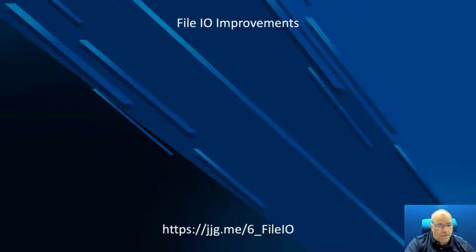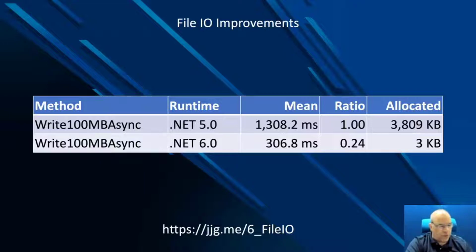We're going to talk about some of the file I/O differences. You'll see a little bit more at 6_file I/O, but basically they rewrote the FileStream object. On Windows, some of the changes had a dramatic improvement. Let's take a look at some of those improvements.